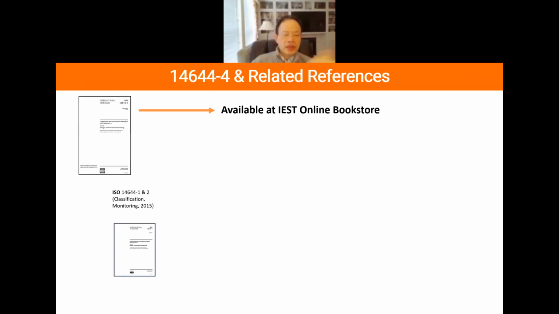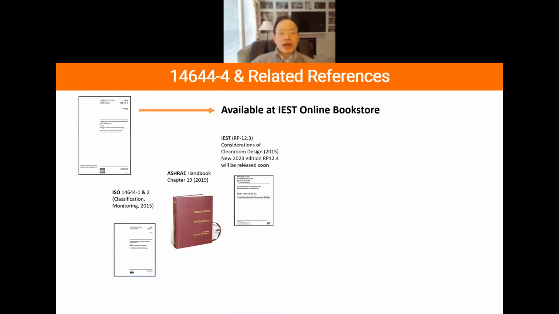That's the basis of this -4. Also, ASHRAE has a handbook chapter 19. By the way, ISPE will be publishing a new one, we call it RP 12.4, this year, which provides more supportive information to this -4, and in certain areas provides more detailed information.